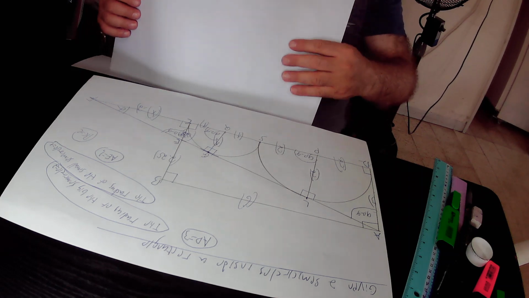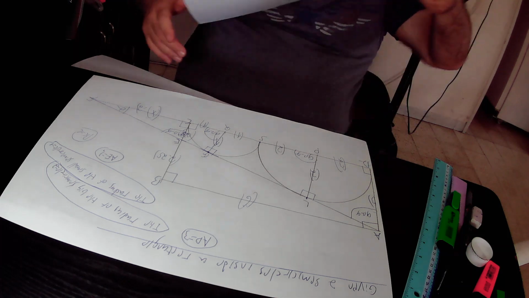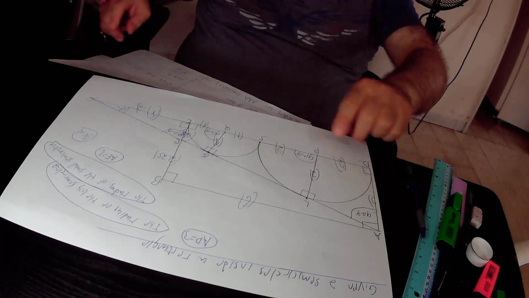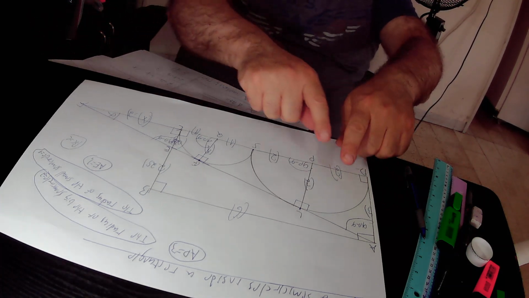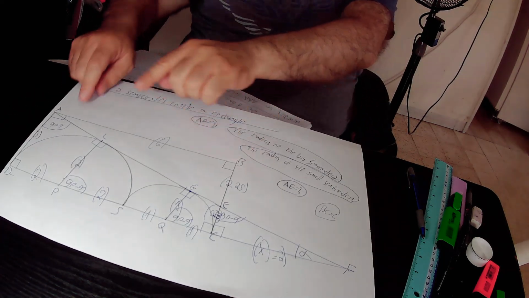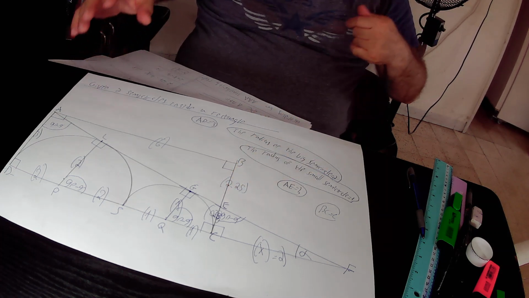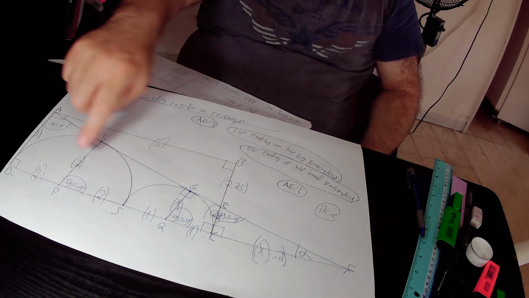In this lecture, we found out the length of this line segment AE. In the drawing, we have rectangle ABCD.